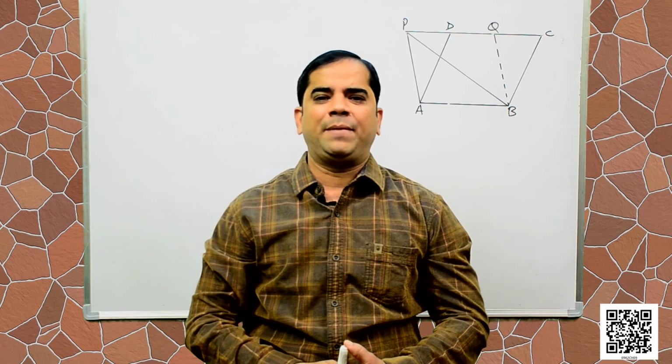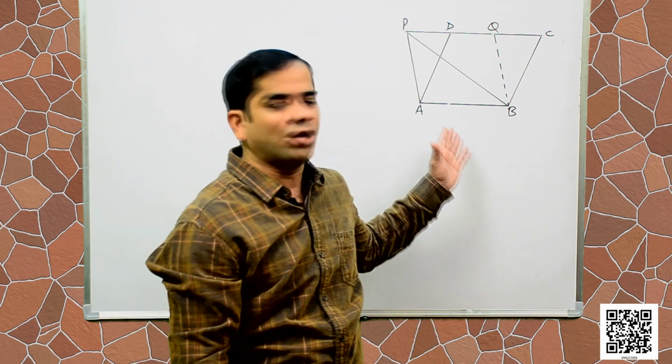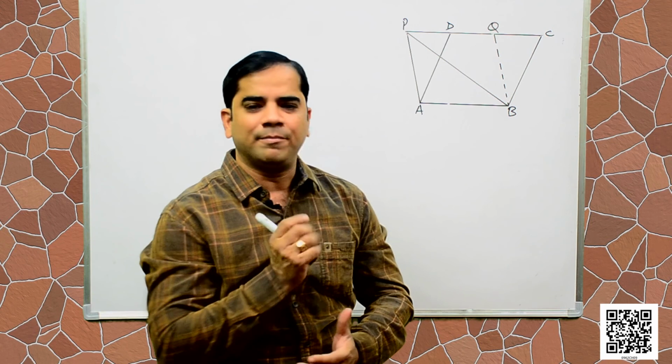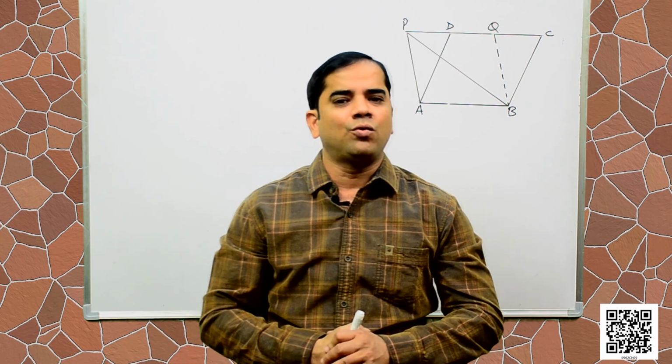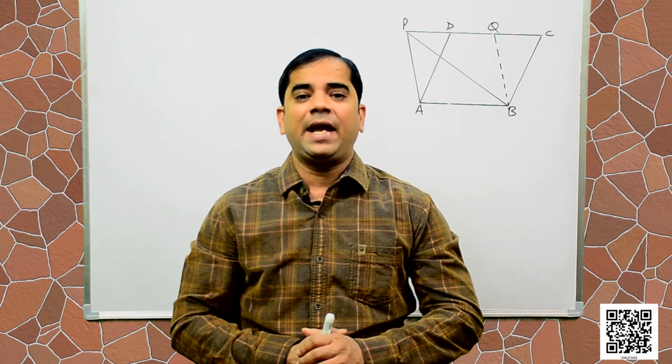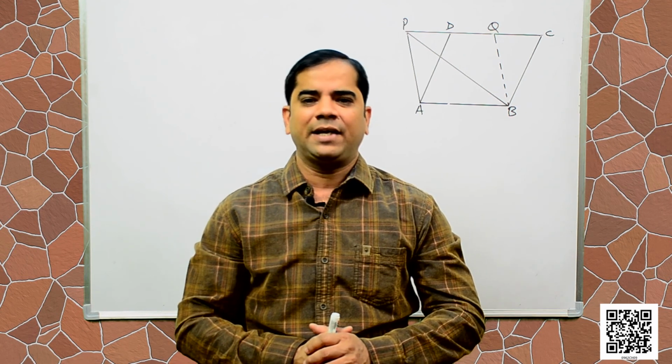Let triangle ABP and parallelogram ABCD be on the same base AB and between the same parallels AB and PC, as I have drawn the diagram over here, and you can also go through the diagram as it is given in your book. We wish to prove that area PAB is equal to half area ABCD.